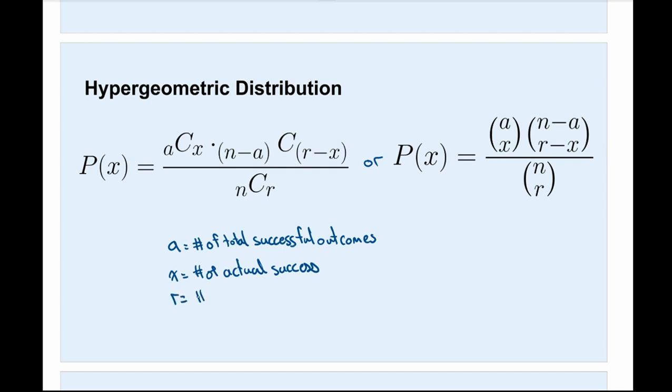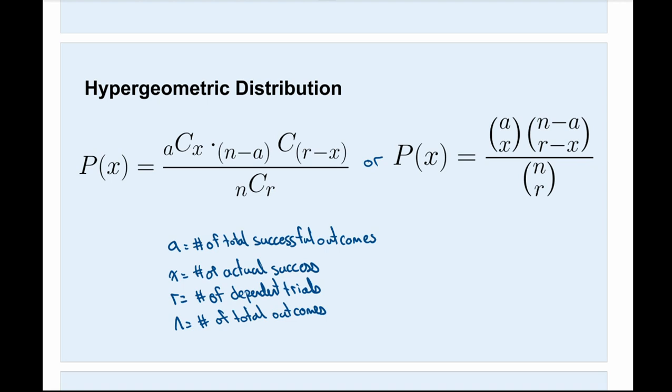R is equal to the number of dependent trials. And N is equal to the number of total outcomes. So hopefully when we look at some specific examples, this makes it a little bit easier to think about or to go through when we actually do these calculations.